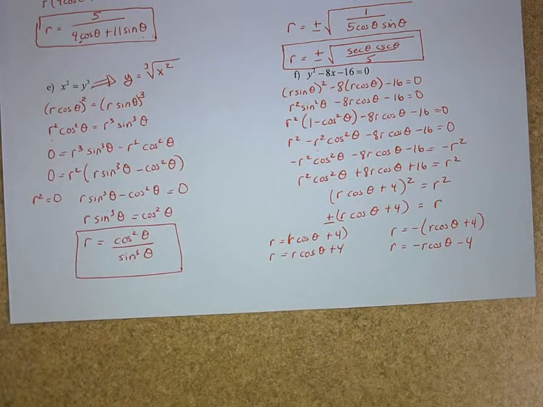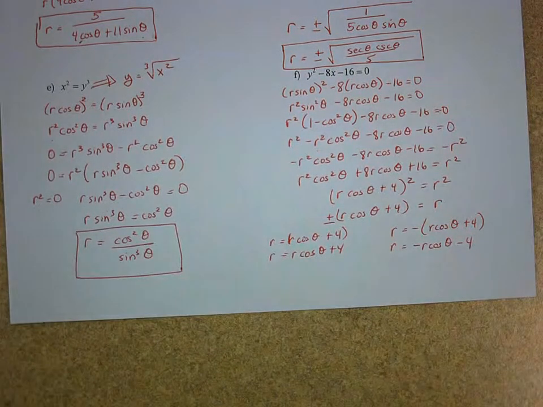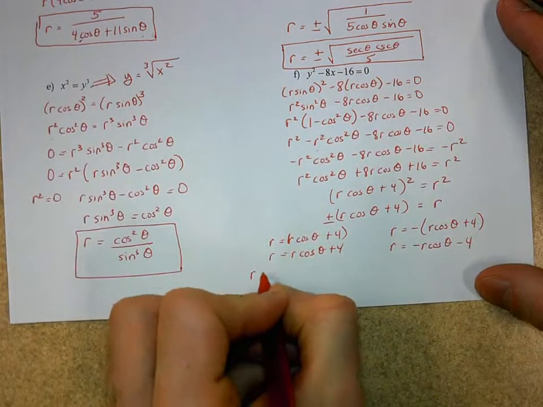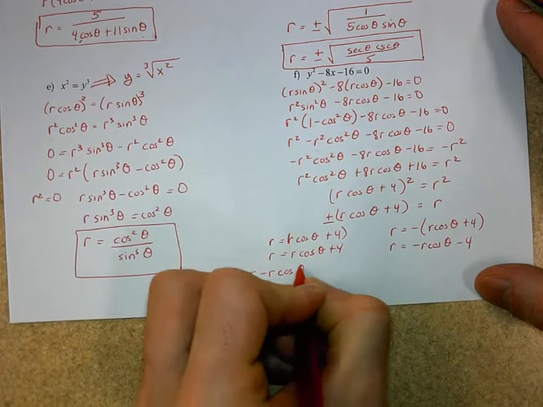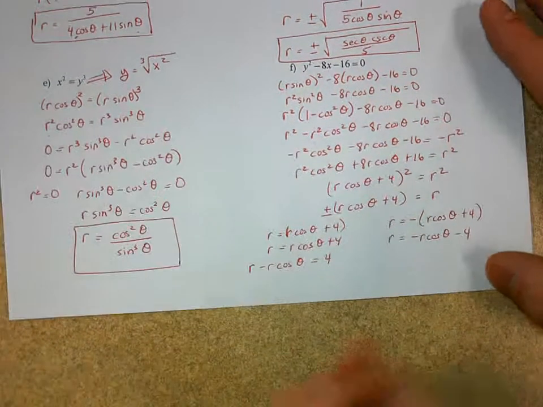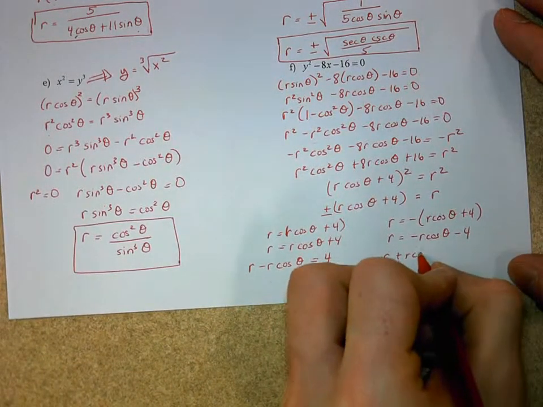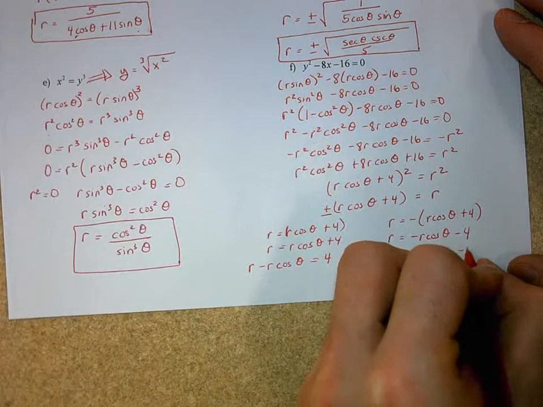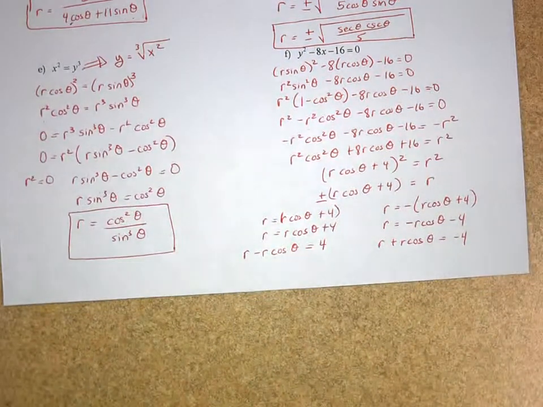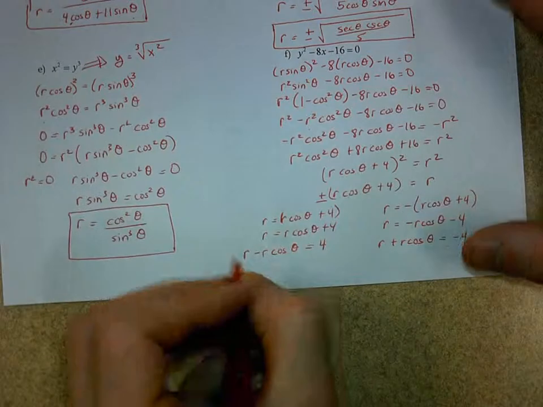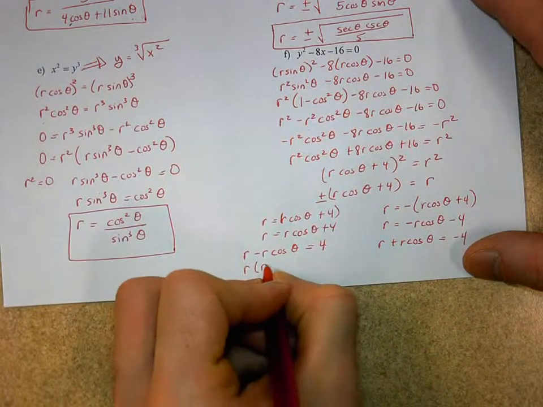And now let's move all of our r terms to one side so we can factor out the r. So right here, let's move our r cosine theta to the other side. Over here, we'll move our negative r cosine theta to the other side. Here we can factor out an r.